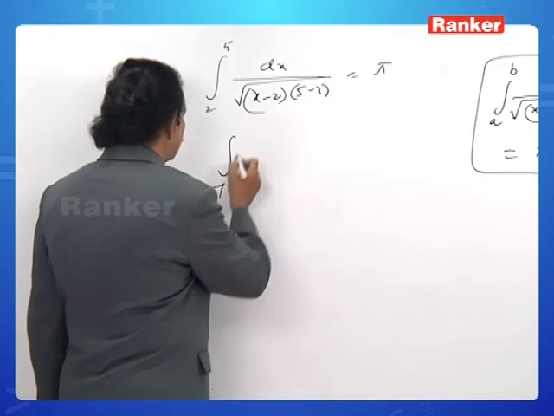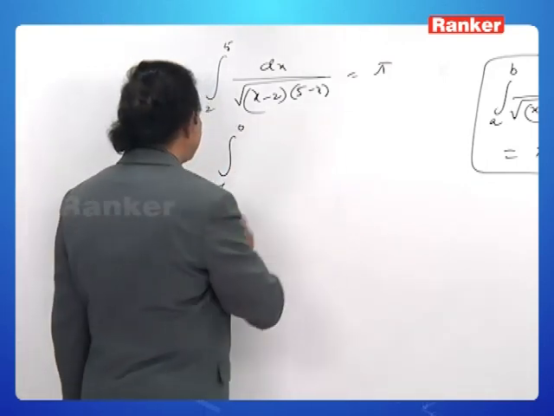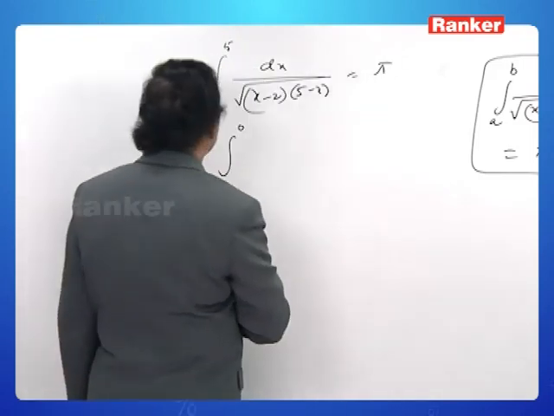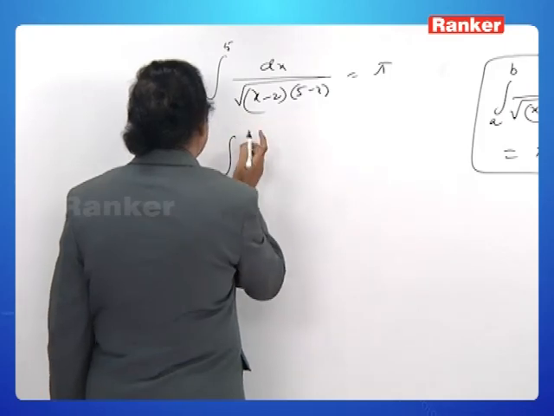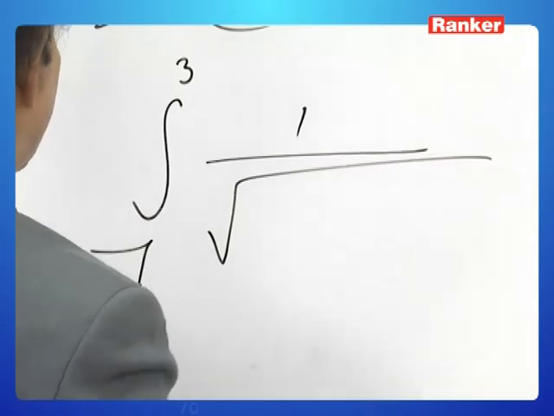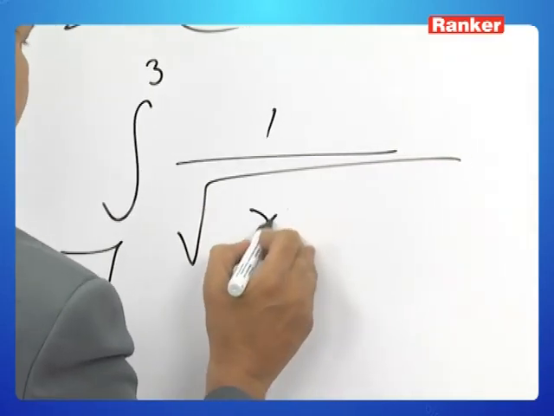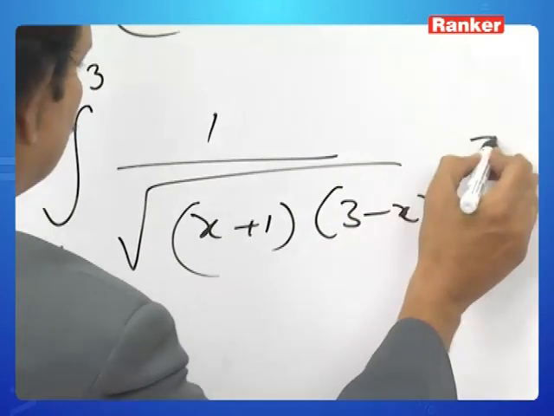Integral minus 1 to 3, 1 by root of x plus 1 into 3 minus x. What is that?